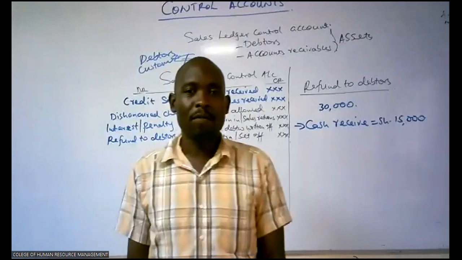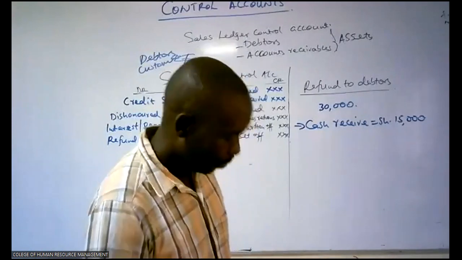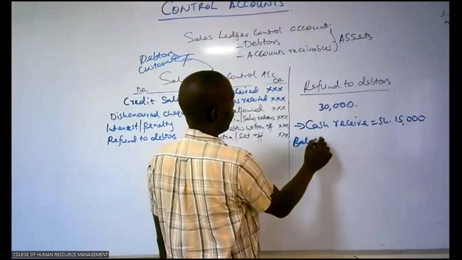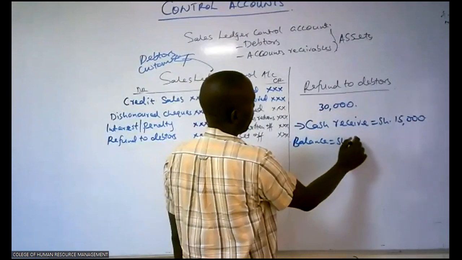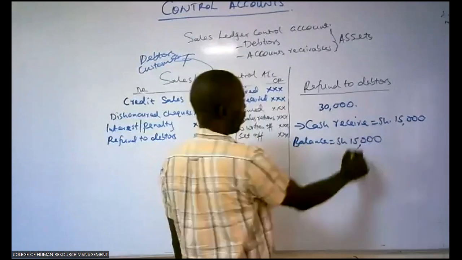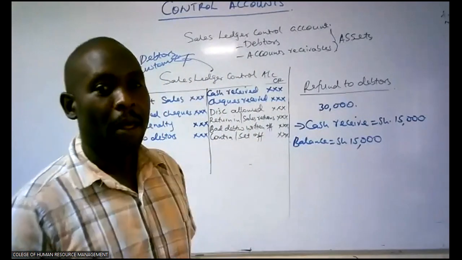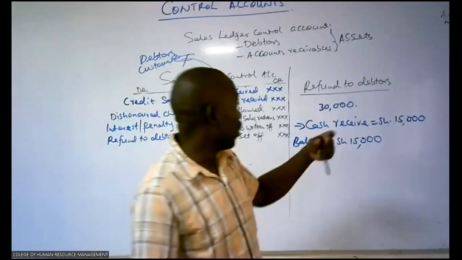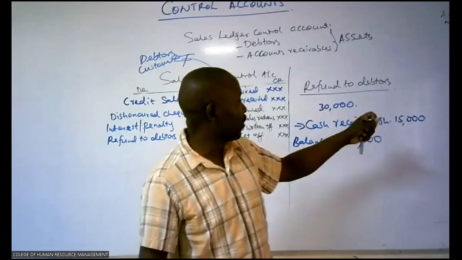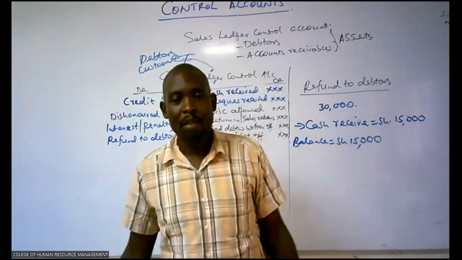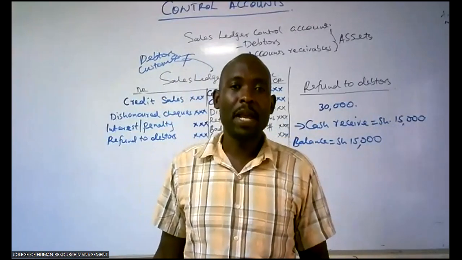How much do you expect now from the others? 15,000. Yes, the balance from all the rest is what? 15,000. Very correct.